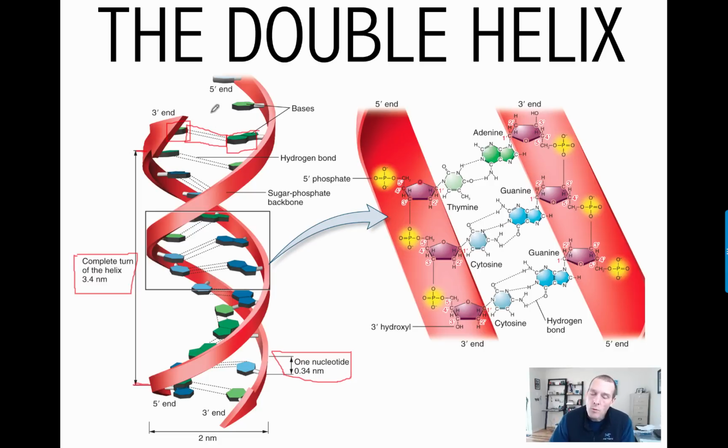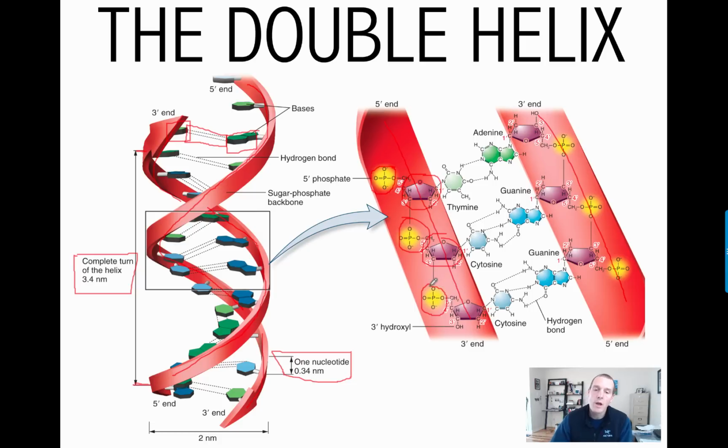The bases point inwards, like I said, and then these red strands, a little hard for me to trace because of my red pen, are the sugar-phosphate backbone, and they wrap around one another, forming the characteristic double helix. They are called the sugar-phosphate backbones because they alternate phosphate linked to sugar, linked to phosphate, linked to sugar, linked to phosphate.